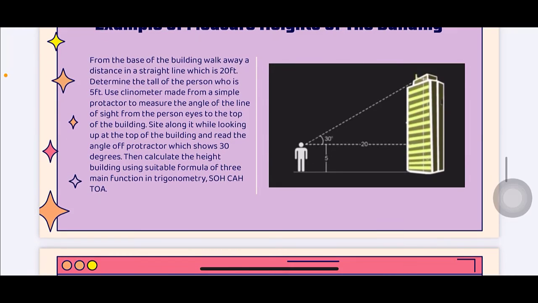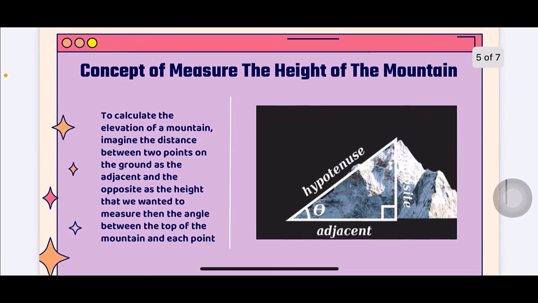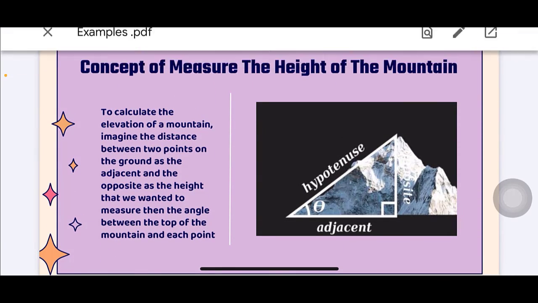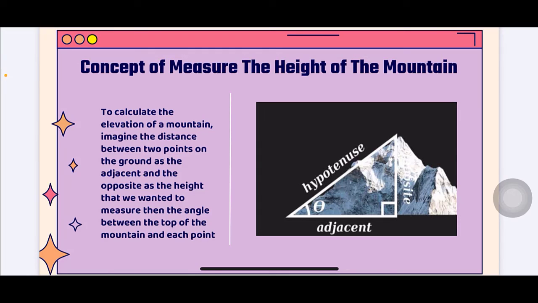Assalamualaikum and hi. My name is Nur Syafiqah binti Sharum. I am from Group 4. In my part, I am going to explain the concept of measuring the height of the mountain. Here we have a diagram that shows how we can apply the trigonometry method in our life.